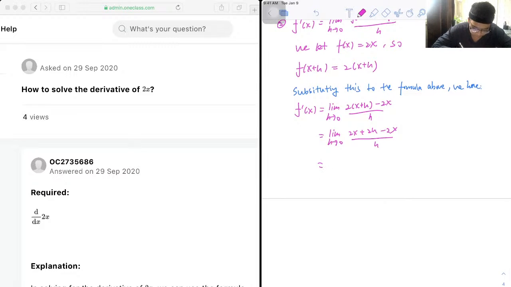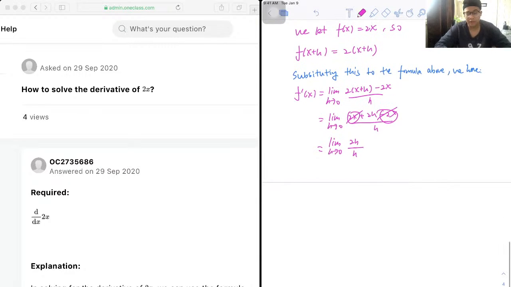We have a positive 2x and a negative 2x, so we can cancel these out. Therefore, we're only left with 2h over h, and since we have h on the denominator and h on the numerator, we can cancel this out as well.